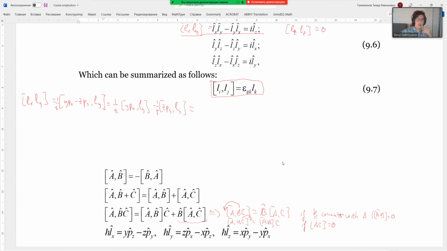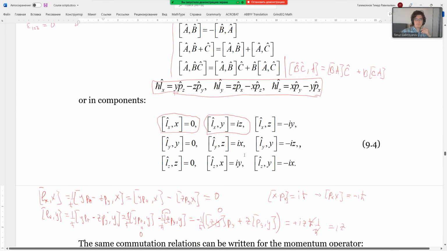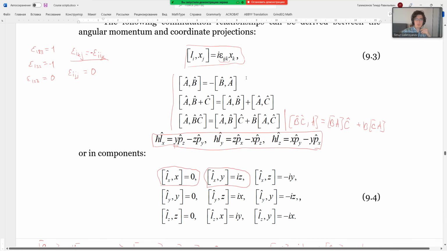So y commutes with Ly. That means that we can leave it here. And py commutes with Ly, because we know that if, let's take this example, i equals 2 and j equals 2, because 1 is the x coordinate, 2 is y, and 3 is z.